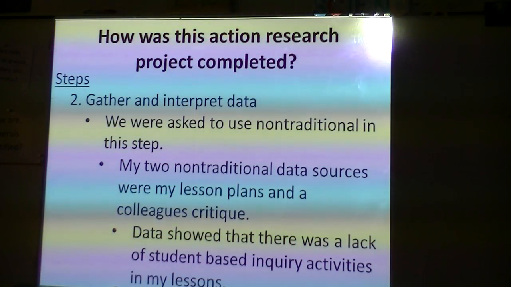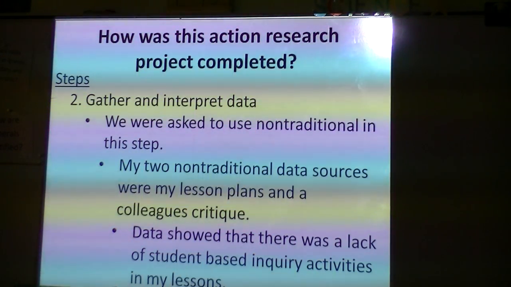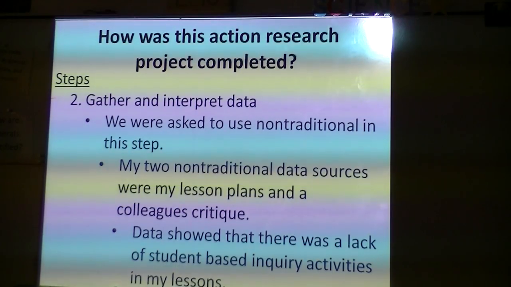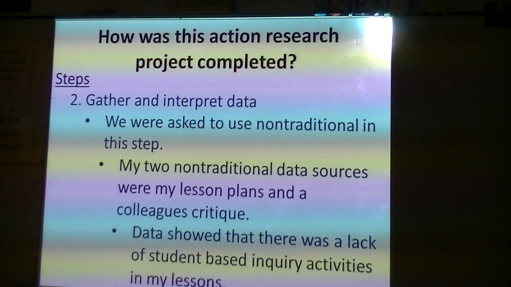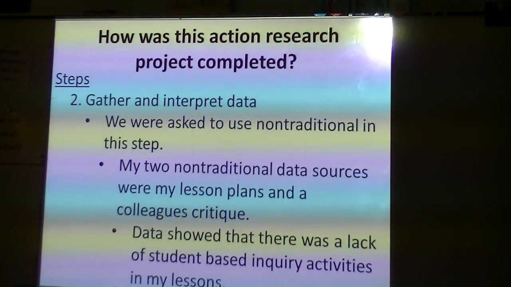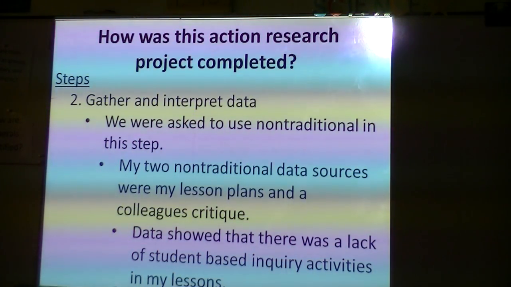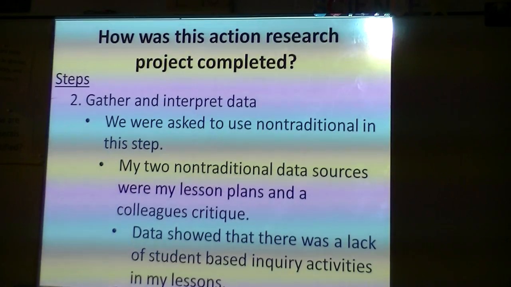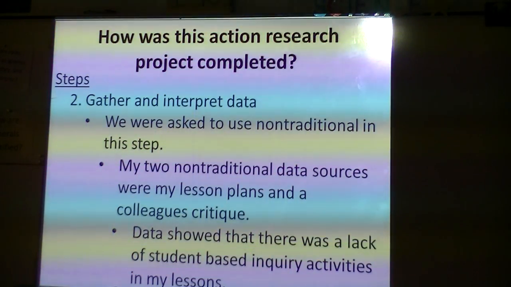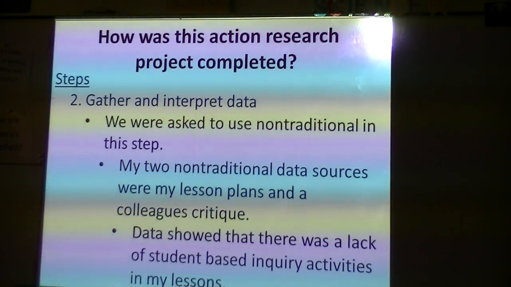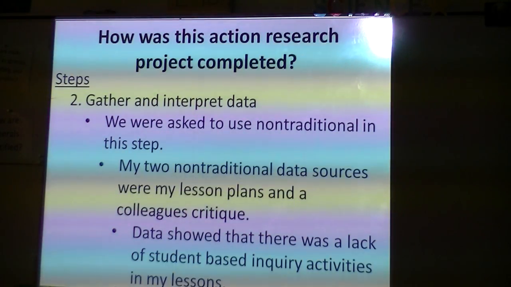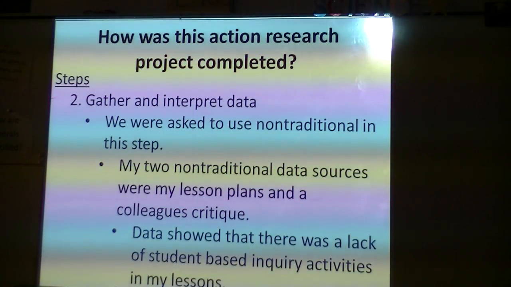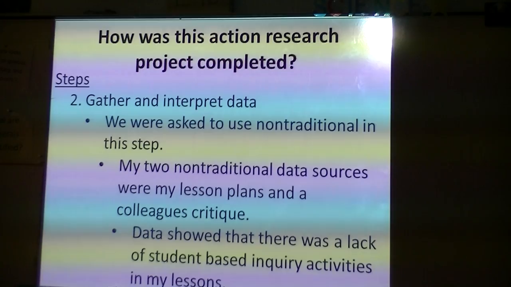In mine, I used two non-traditional sources: the first was my lesson plans from previous units, and the second was a critique from a colleague of mine. When I went through my lesson plans, what I found was that I don't do enough inquiry-based activities, and I need to put more of those in my lessons.